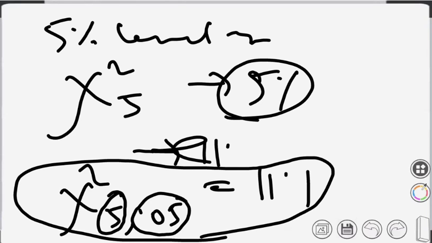And the calculated value we have got is how much? 11.3.